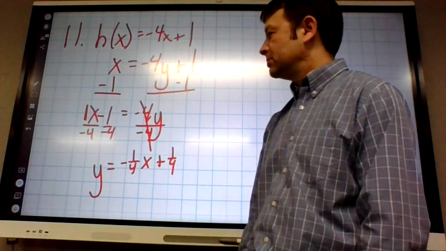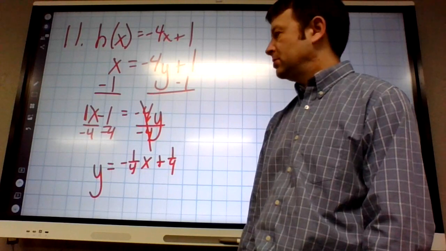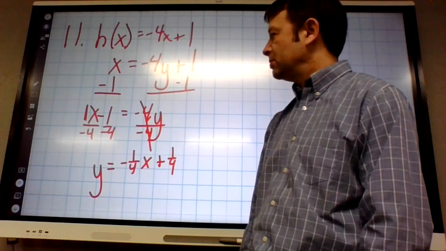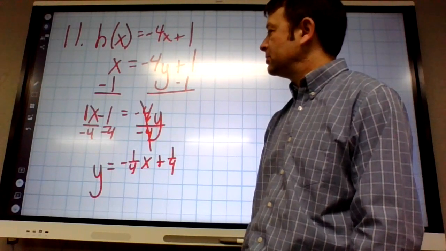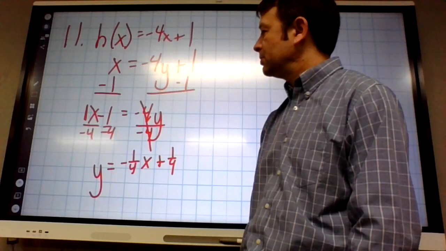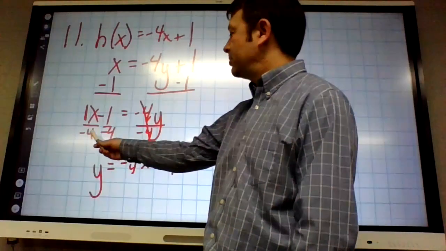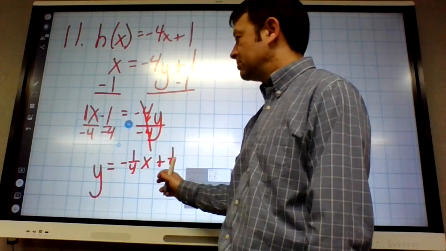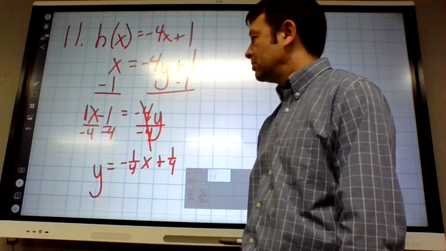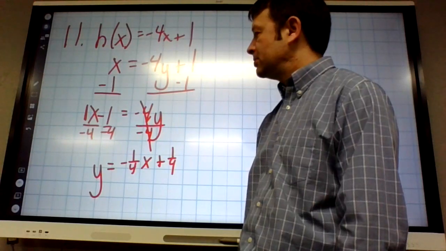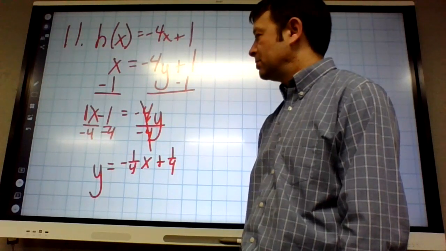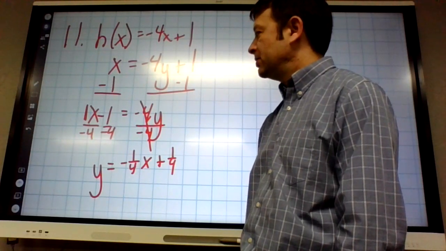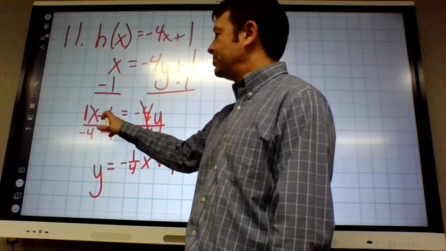But, okay. So why is there two things on the left side of the equals? There's the negative 1 over negative 4, and then there's the x over negative 4. I'm dividing both sides by negative 4. Divide both of these by negative 4. Is that one whole thing on the left? X and minus 1 are two different terms.